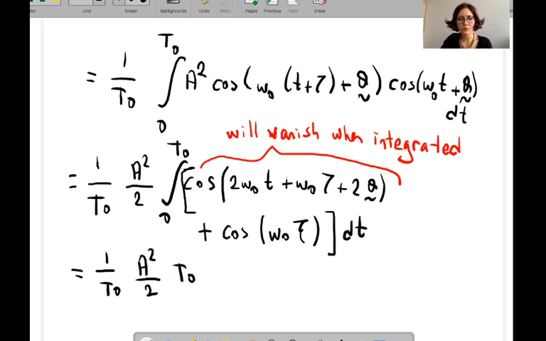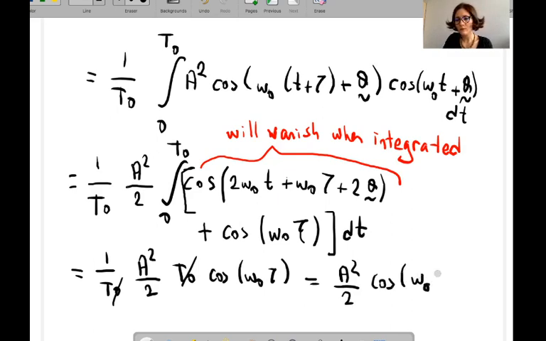So t0 times cosine omega 0 tau. And these terms will cancel, so we'll be left with a squared over 2 times cosine omega 0 tau. So, okay, where did we obtain all these things?